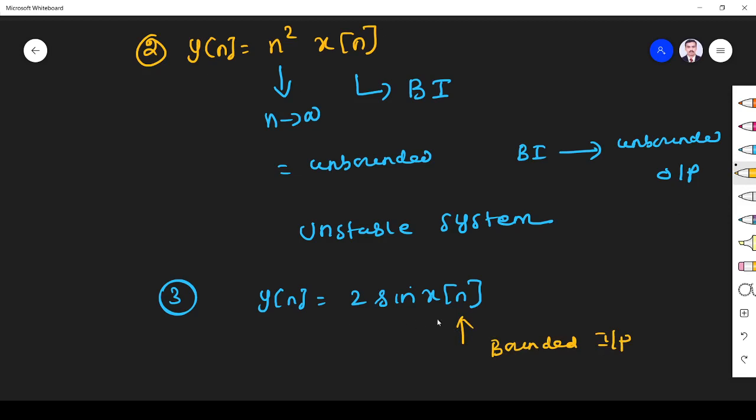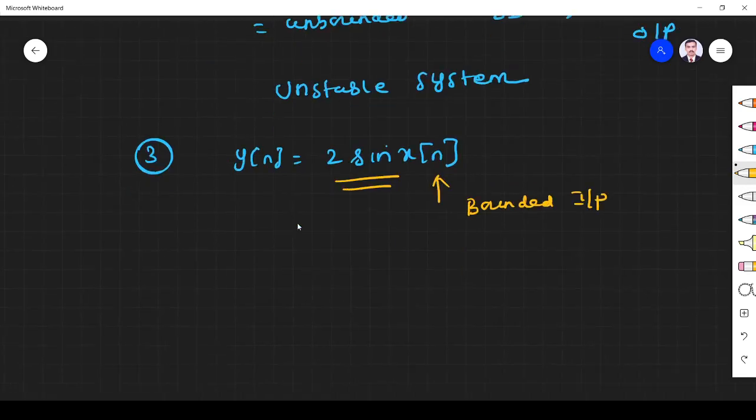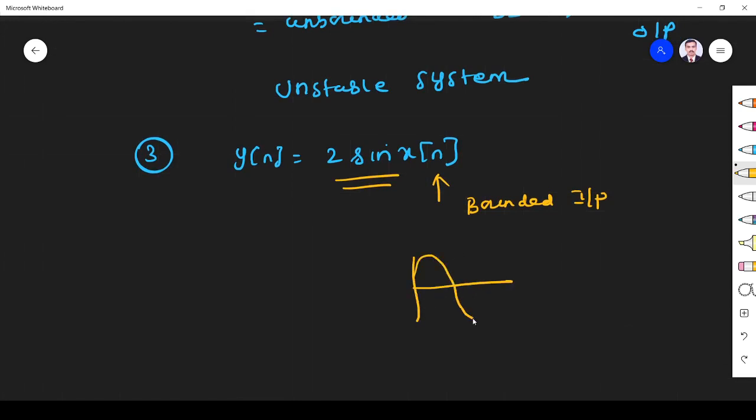We know whatever the input, sine has a maximum value of +1 and a minimum value of -1. If it is multiplied by 2, the maximum value becomes +2 and the minimum value becomes -2. So whatever the n value, y of n will lie between +2 and -2, which is bounded.